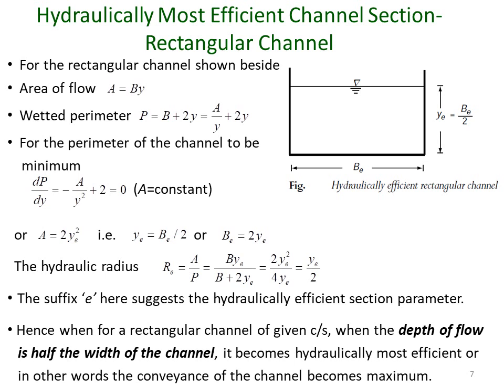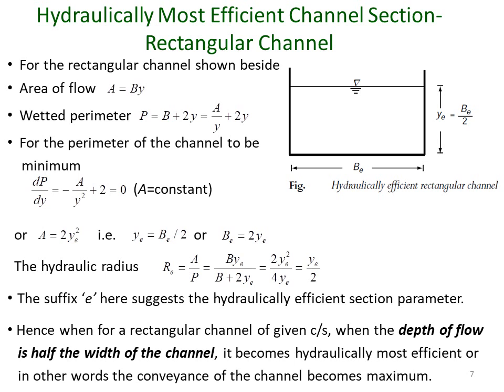So note here that for a rectangular channel of given cross section, the hydraulically most efficient channel section is obtained when the depth of flow is half the channel width, or the channel width is twice the depth of flow. So that's the condition at which the channel becomes hydraulically most efficient.